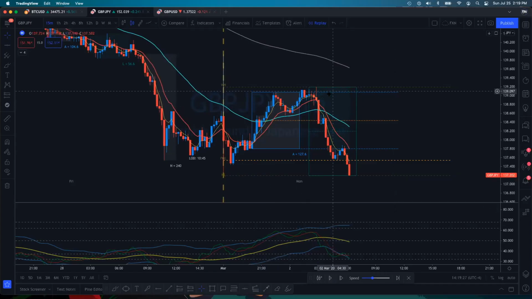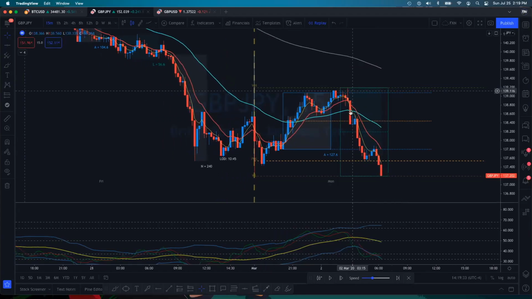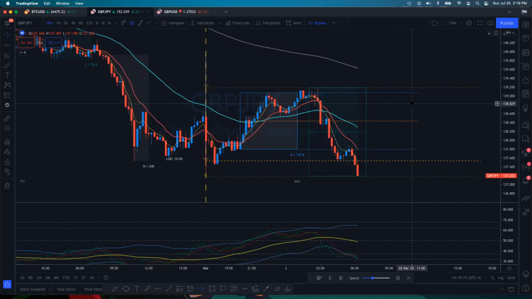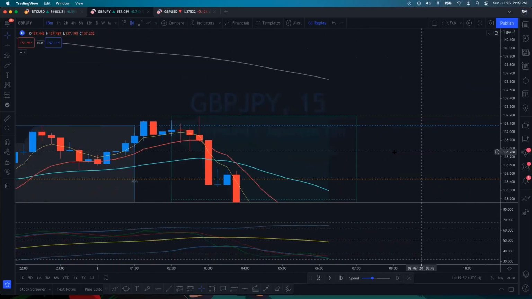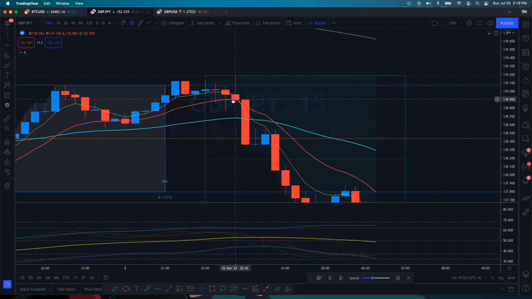Yeah, I mean, you didn't have a good entry here though, because you could have a first leg here, a second leg here, but where are you going to enter? This doesn't really close below it.